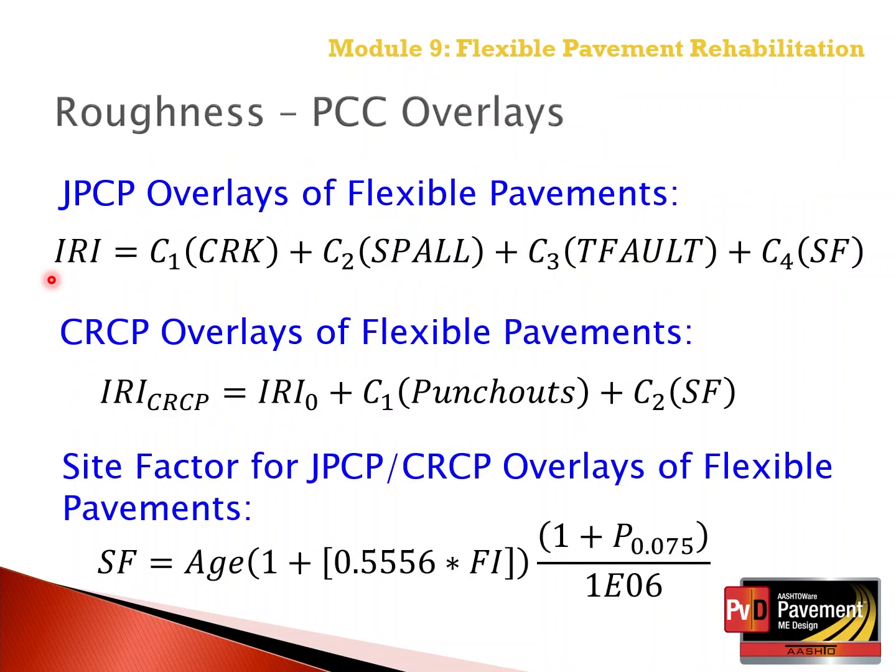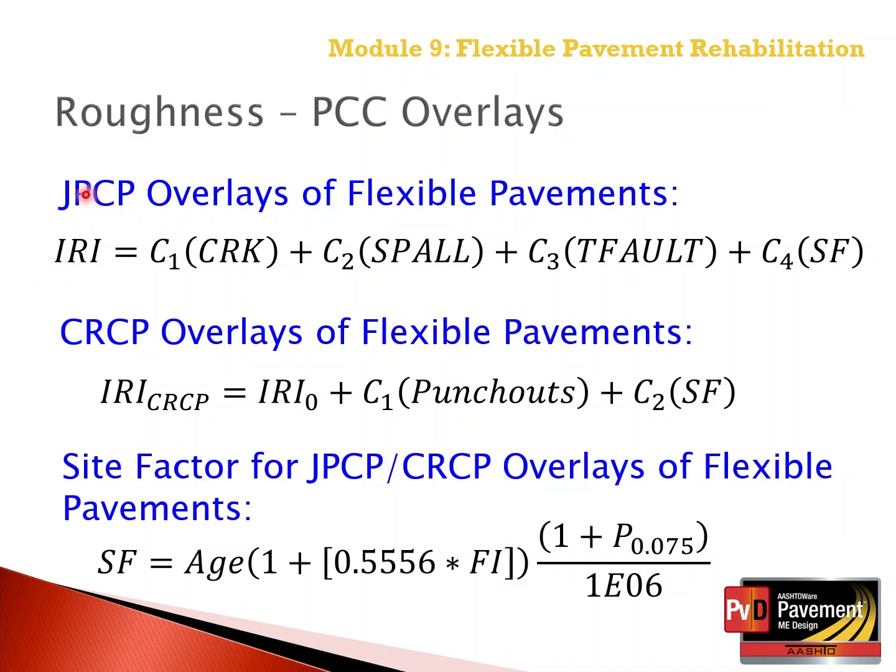The roughness regression equations to calculate IRI throughout the design period for concrete overlays of flexible pavements are the same as for new jointed plain concrete pavements with an asphalt base, which was covered in Module 5-1-3, and is also the same for the new CRCP with an asphalt base pavement as was covered in Module 5-2-2.